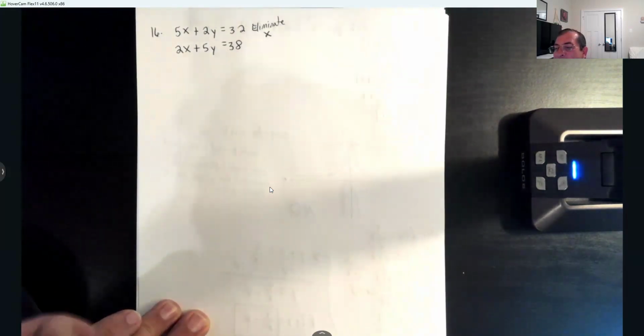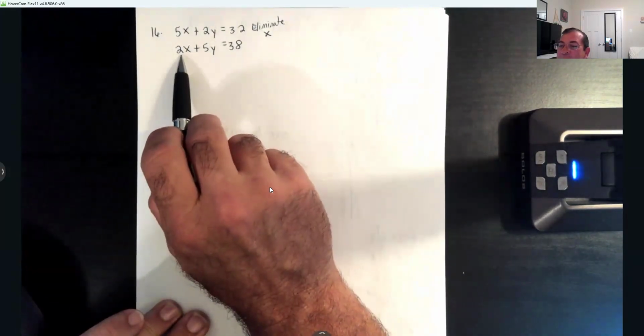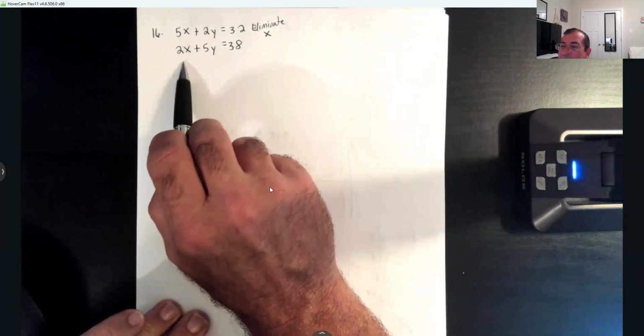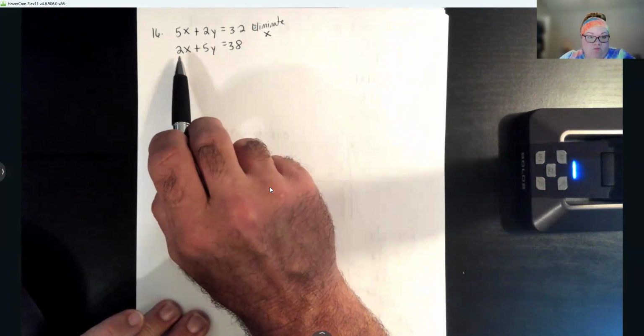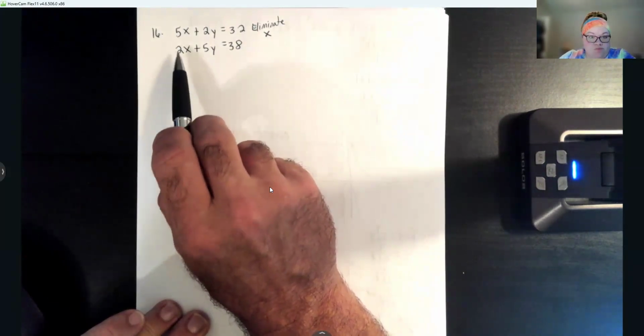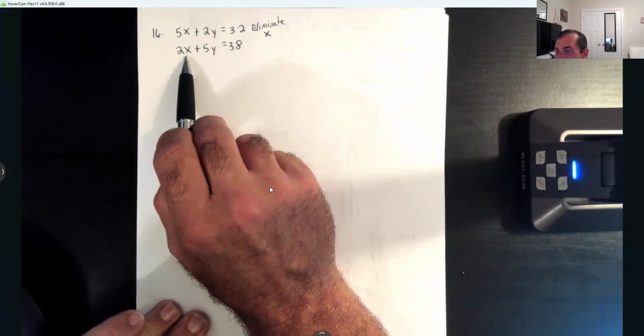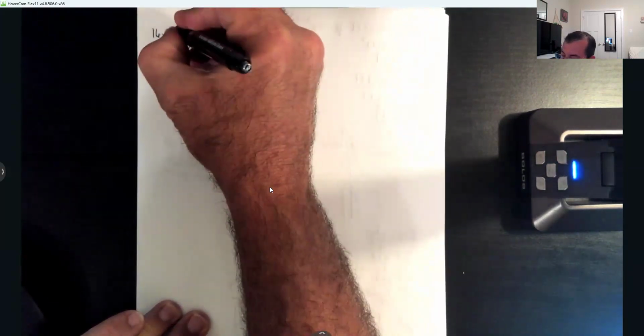So here's what we have to figure out. What's the smallest number that 2 and 5 are both factors of? 10, right? So what I need to do is make one of these a positive 10 and one of these a negative 10.